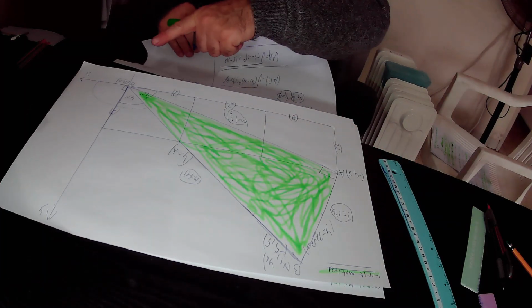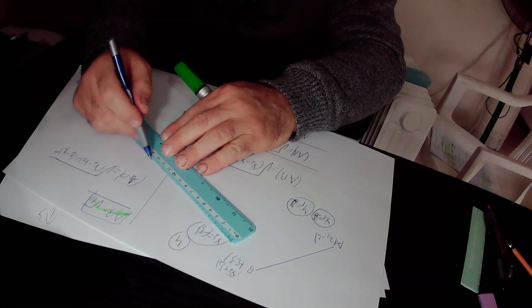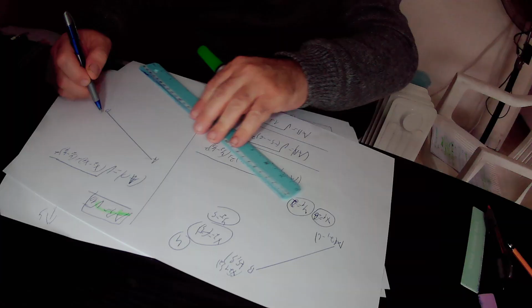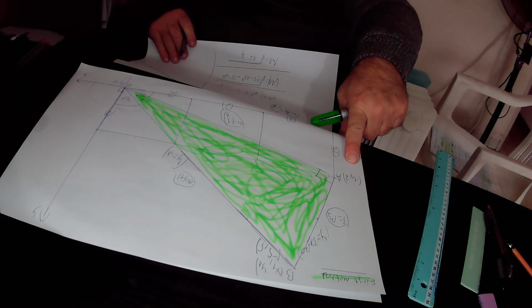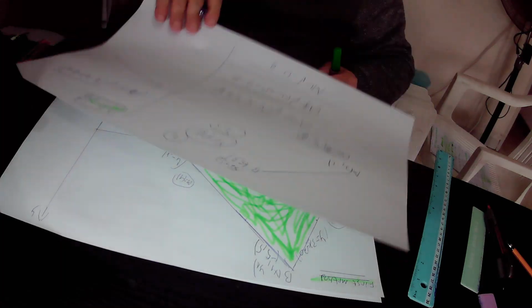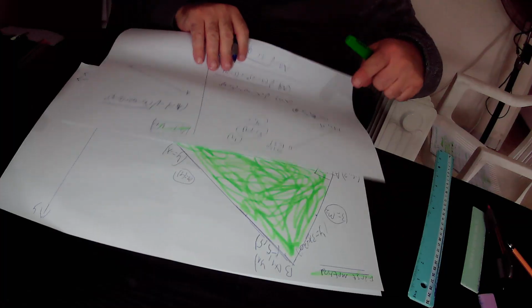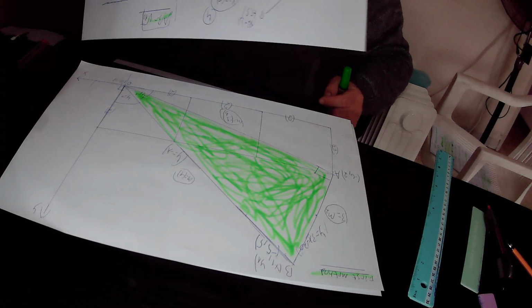So this is the straight line AO. The coordinates of point A are minus 6 and 2.